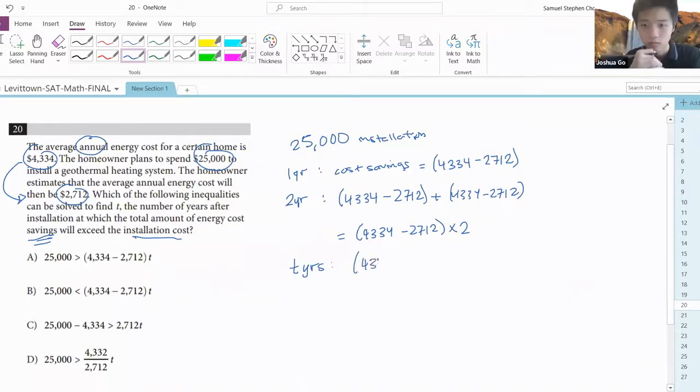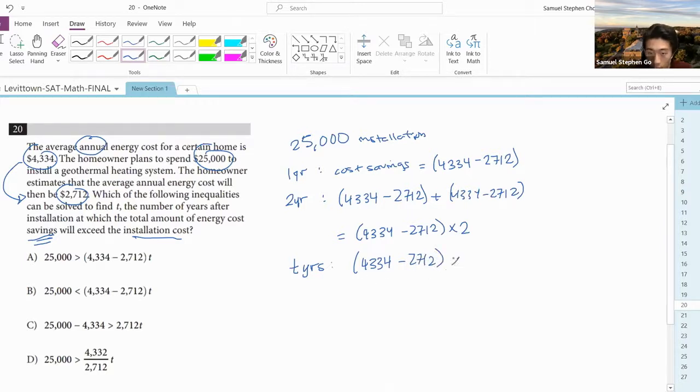If you're able to convince yourself, it would be the same difference, the cost savings for 1 year, multiplied by T for how many years you've been using this new geothermal system. So this asks us which inequality we can use to figure out when it would start exceeding the installation cost. So when this here would start exceeding this.